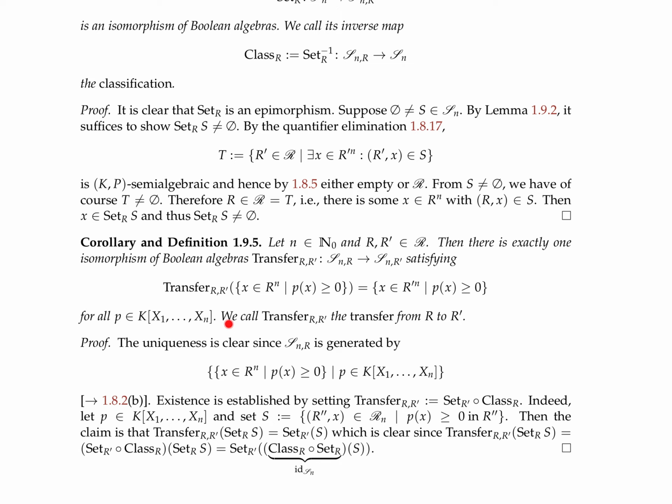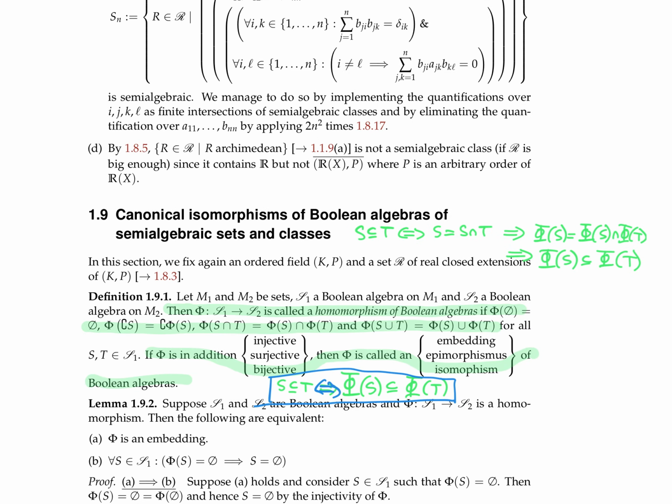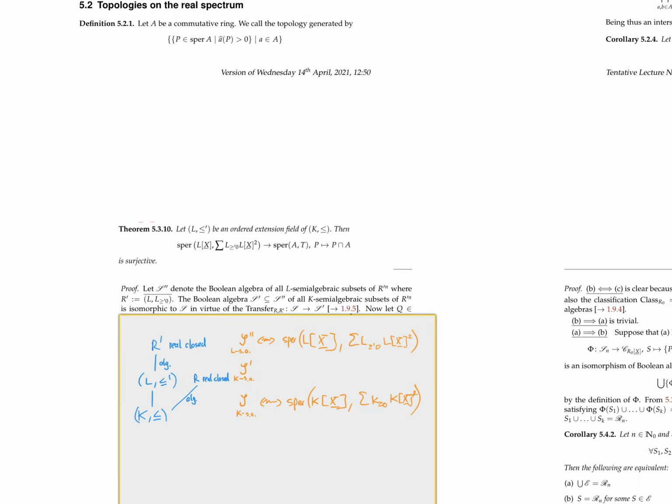This was this transfer, and in section 1.9 there was really no other hypothesis. So K prime was an ordered field, and we looked at real closed extension fields of K prime. It was not necessary that they are algebraic or something over K. So everything should be okay.